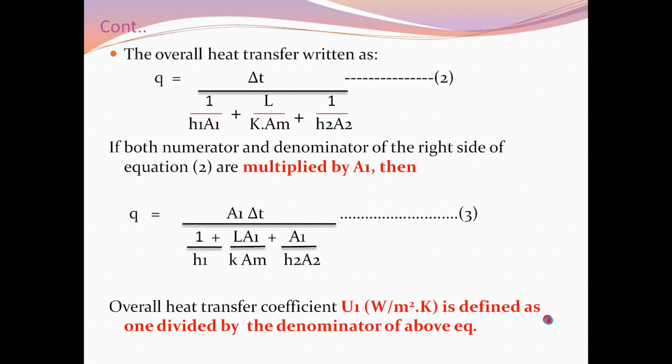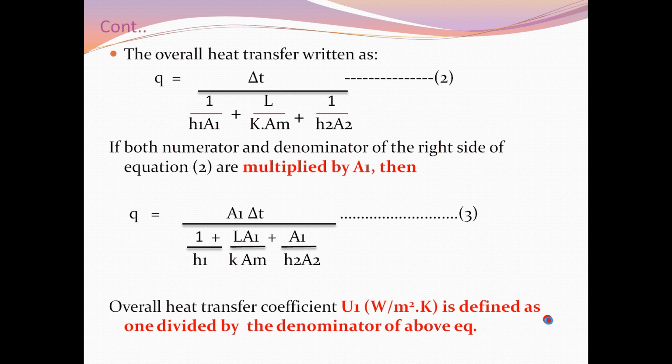In the first resistance of the hot fluid side, 1 upon H1 A1, the A1 gets cancelled. So in equation number 3, only 1 upon H1 remains in the denominator, because A1 is multiplied in both numerator and denominator. This is equation number 3.